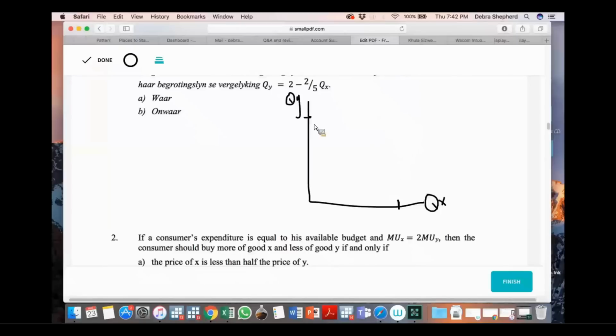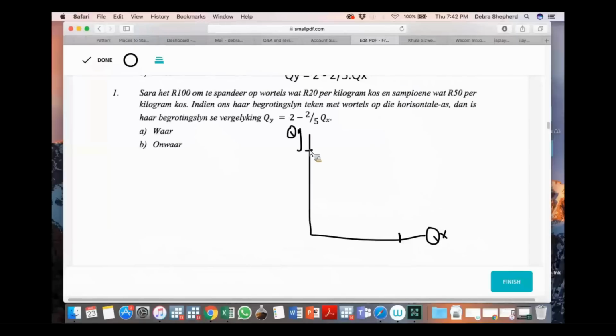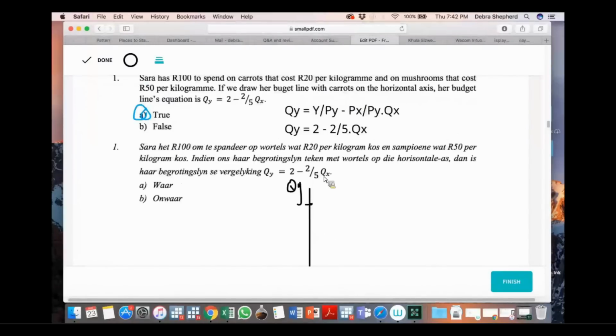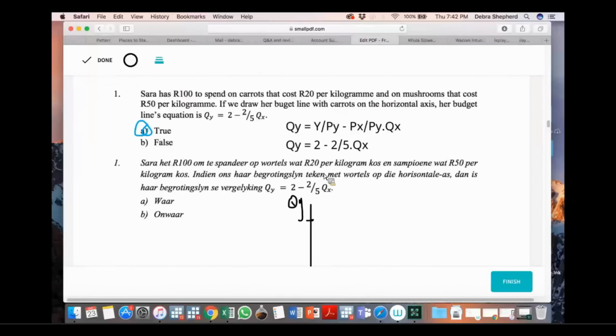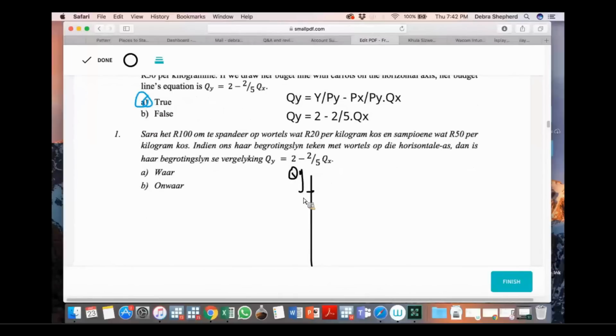So how do we get this intercept? So this point here tells us how many mushrooms she purchases if she had to spend all her money on mushrooms and consume absolutely no carrots. So if she has 100 Rand in total and mushrooms cost her 50 Rand per kilogram, that means she could buy 2 kilograms of mushrooms.